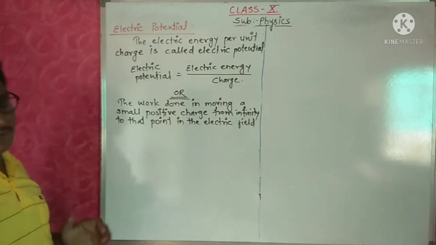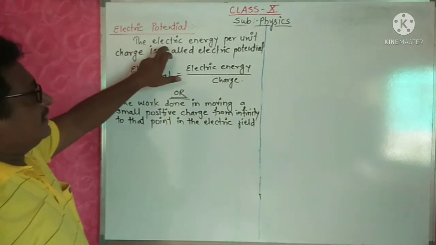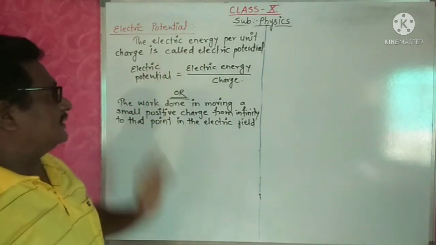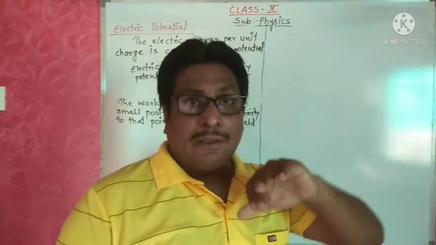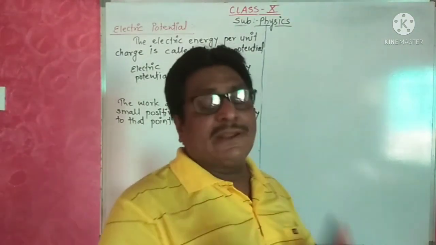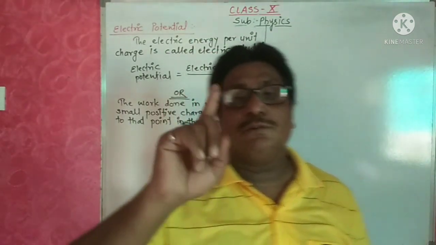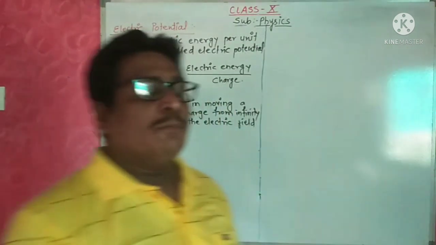What is the meaning of electric potential? The electric energy per unit charge is called electric potential. How much electric energy can flow through 1 coulomb of charge, that is called the electric potential.